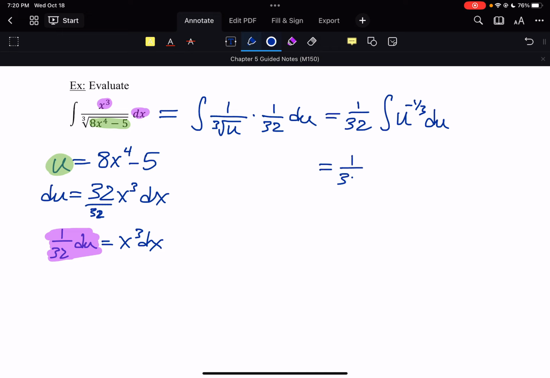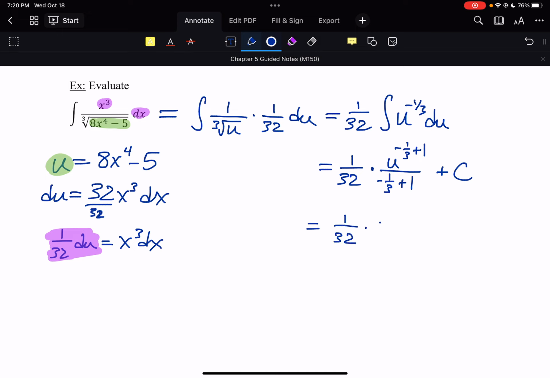So we have 1 over 32. Antiderivative of this, so we need to add 1 to the power and then divide by that same number. So that's u to the negative 1/3 plus 1 over that same number, negative 1/3 plus 1. And then the plus c will be there. It's just going to tag along here.